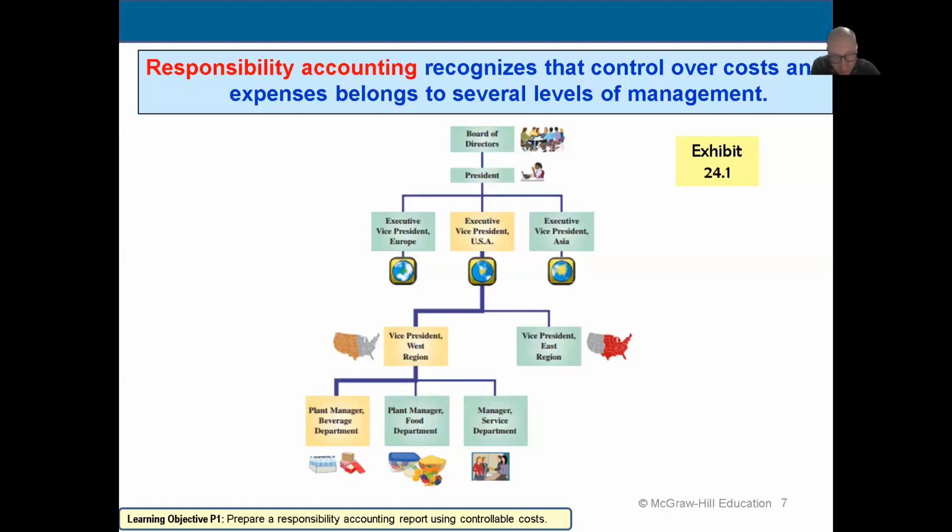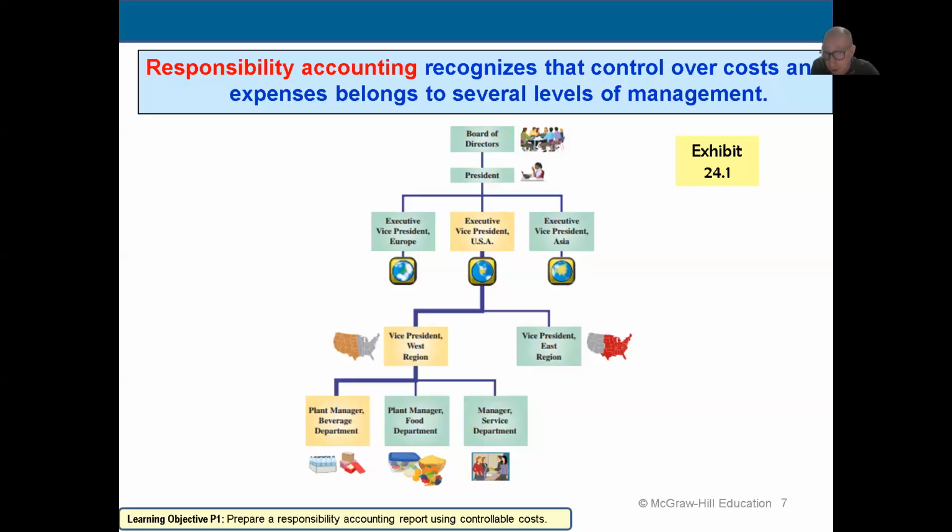In this example, it looks like this is a food and beverage company. This food and beverage company is designed by department. Everything starts with the board of directors, who is ultimately responsible for the company's performance. President is responsible for the day-to-day operations of the company. Vice presidents throughout the globe report to the president.